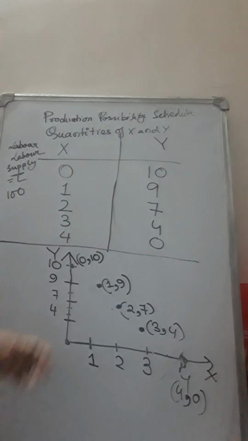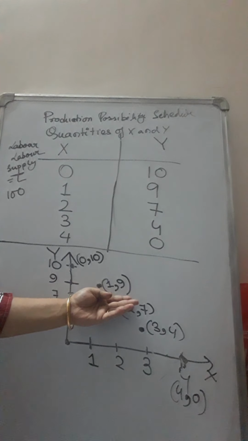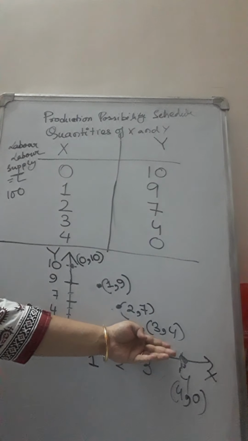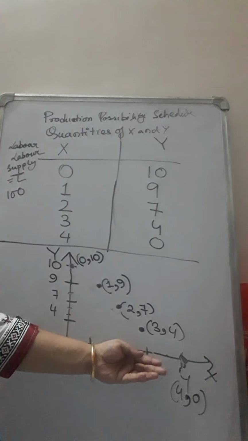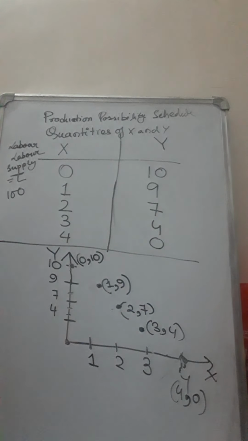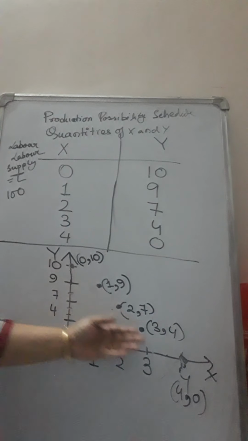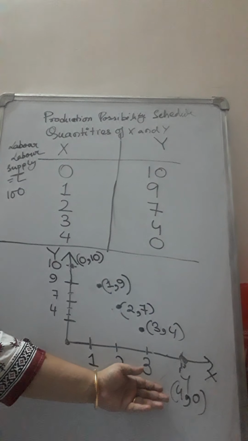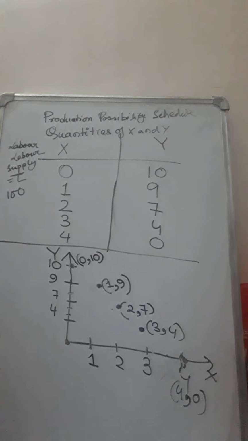For example, the country can choose to produce this 1X and 9Y by using the same labor. The country can choose the point 3, 4, X production 3, Y production 4. Or the country can choose these two extreme points where there is no production of X, only Y produced, and here no Y is produced, only X produced.